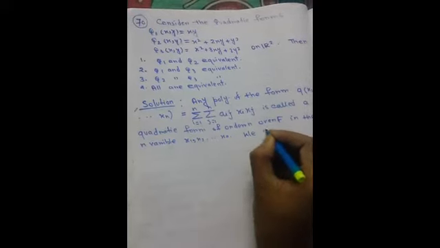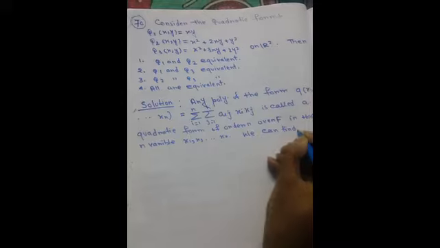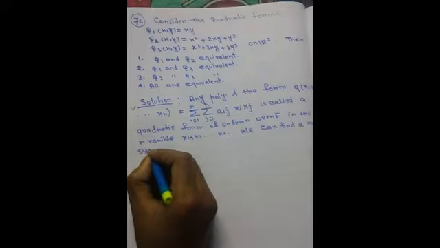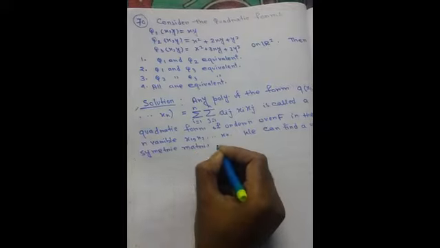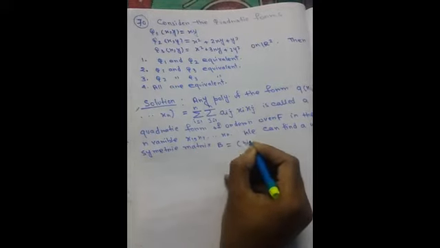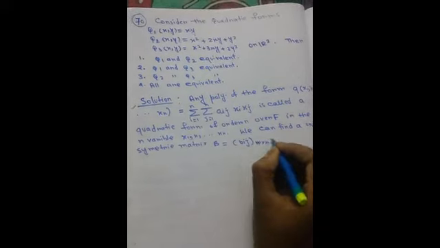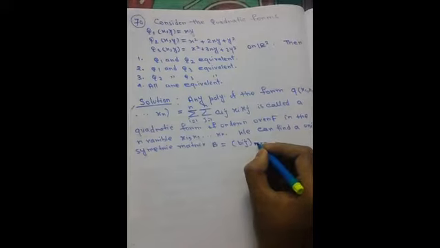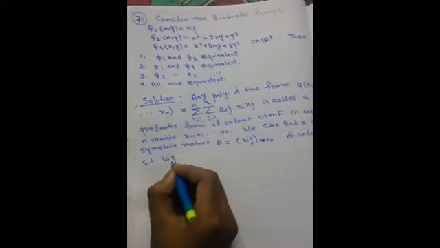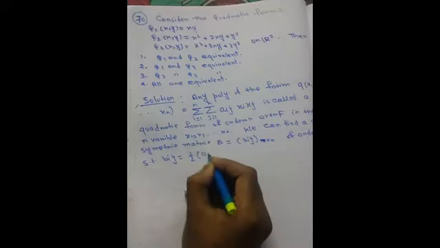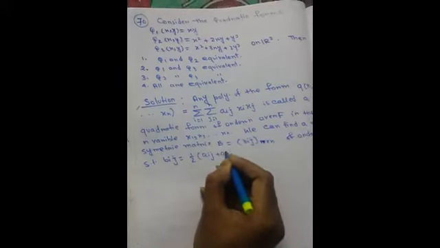So we can find a unique symmetric matrix B = (bij), n cross n, of order n, such that bij is equal to half of (aij plus aji).